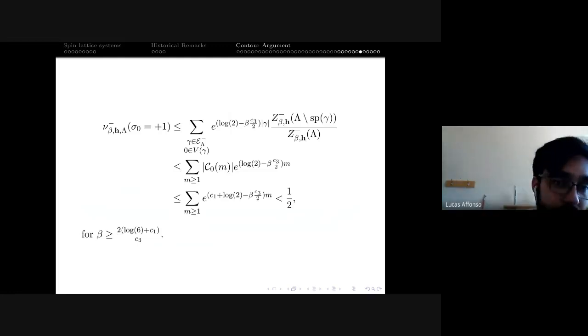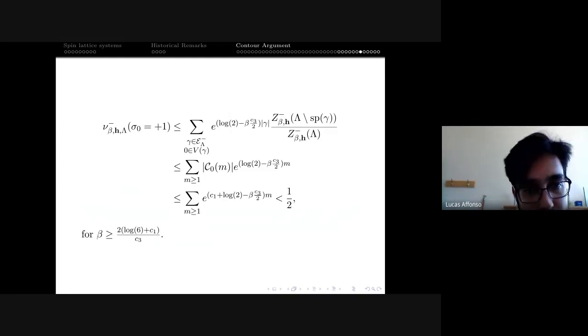You get only the contribution of the contours, and then you can upper bound this by a sum depending on the entropy and a term depending on the mass, exponential of the mass. Then if you take the inverse temperature beta large enough, depending on the constant you are seeing now, you can show that this is less than 1/2. And with this, you finally prove phase transition.